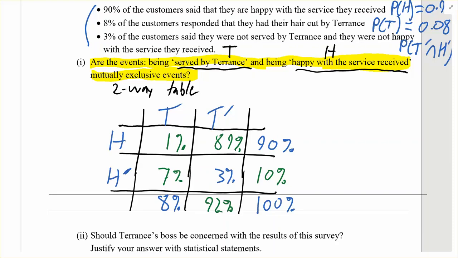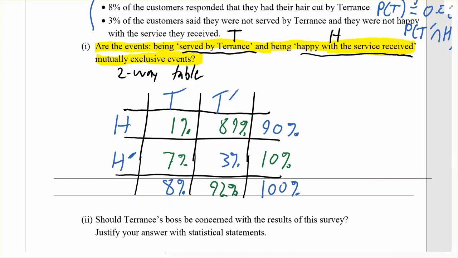Okay, so the question was, are the events T and H mutually exclusive? Well, remember the test is: is it possible for both of those events to occur in this data set? And yes, it is, because the probability of T and H is 1%, not 0%. So, are they mutually exclusive? No, they're not.